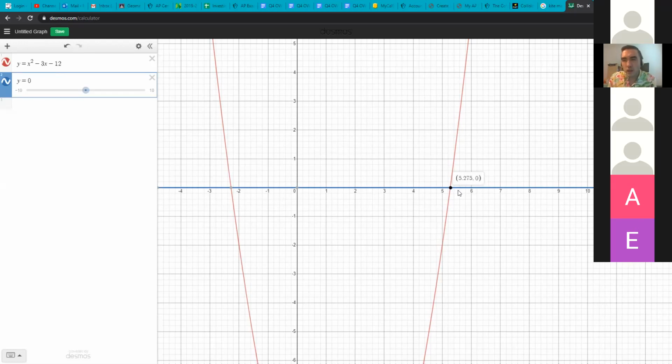And if you don't believe me, try it in your calculator. 3 plus the square root of 57 in parentheses, and then divide all of that by 2. You'll get this decimal. And then over here on the left, 3 minus the square root of 57, all divided by 2, gives us negative 2.275 comma 0. And again, don't believe me, punch it into your calculator and you'll get this negative decimal.